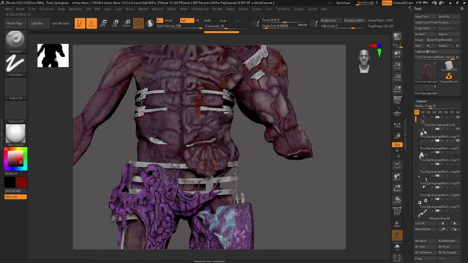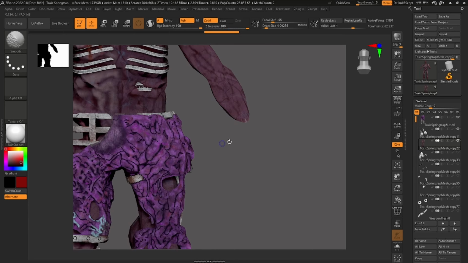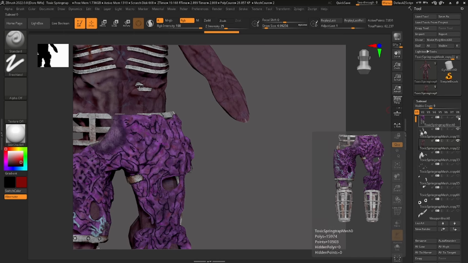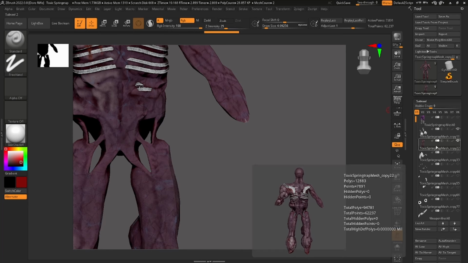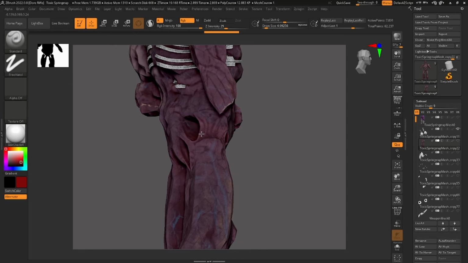I don't know what is going on up here. And his glutes are gone. I mean, they're still gone.